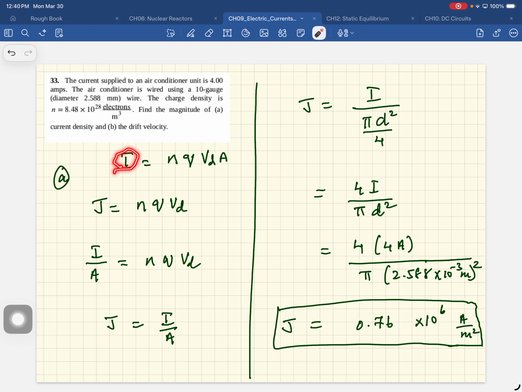When you double the current in a wire, you're not changing this, you're not changing the charge, you're not changing that. What you're doing is you're changing the drift velocity. So when you double the current, what you're doing is you're doubling the drift velocity. And how do you double the current in a wire?